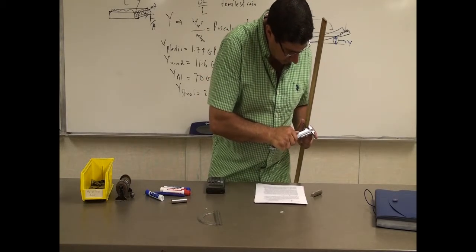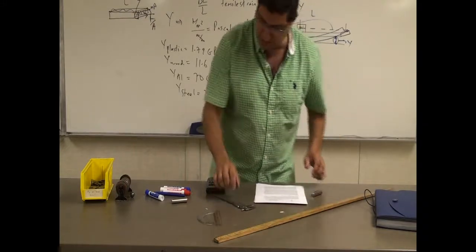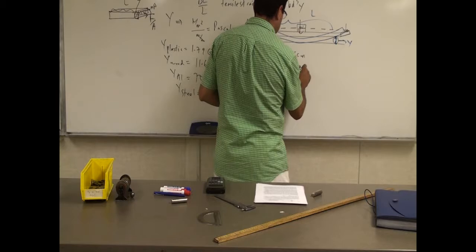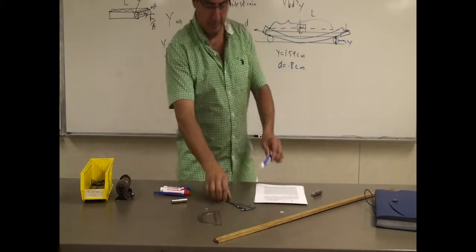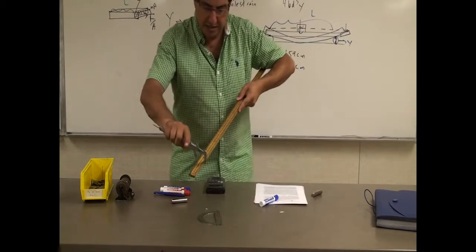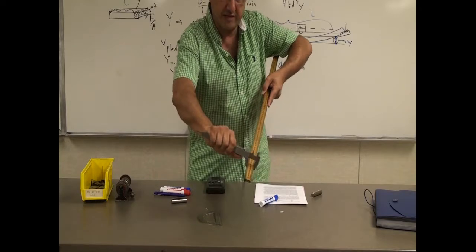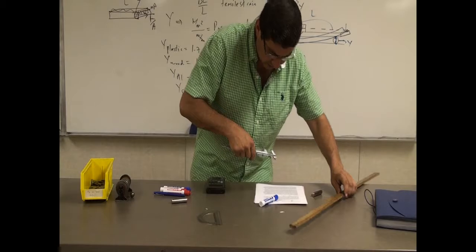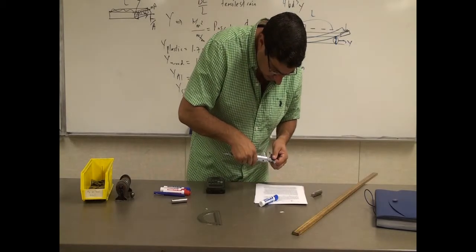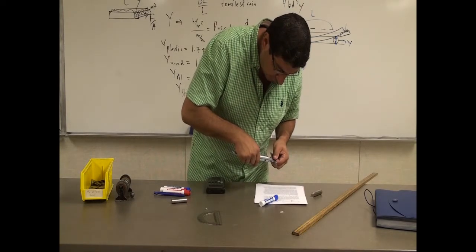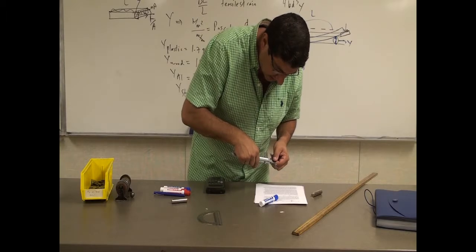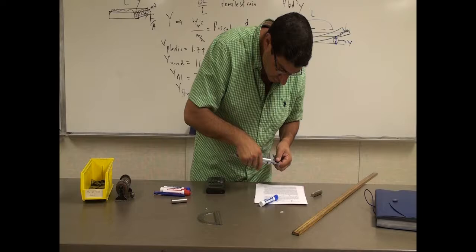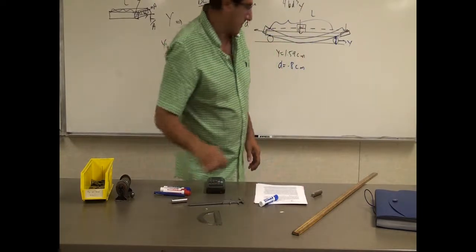That's going to be 8 millimeters, so 0.8 centimeters. And then my breadth, b, is going to be the width of it, like this. That's going to be 2.55 centimeters.